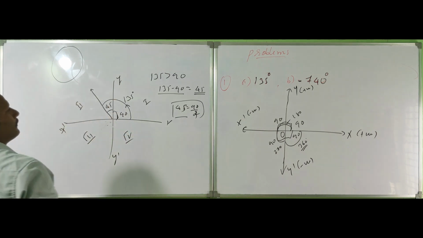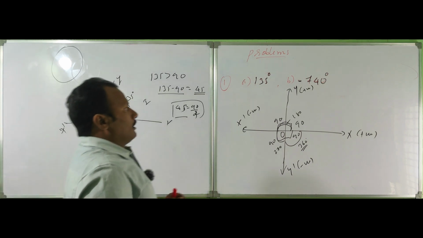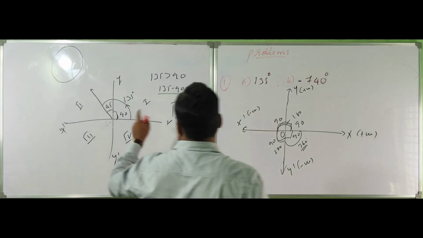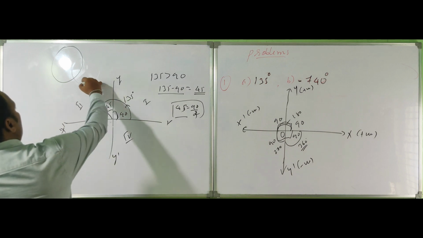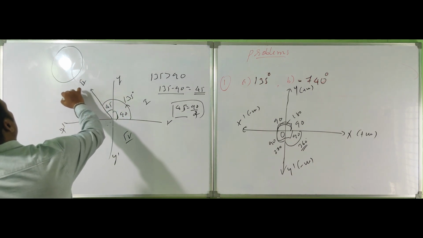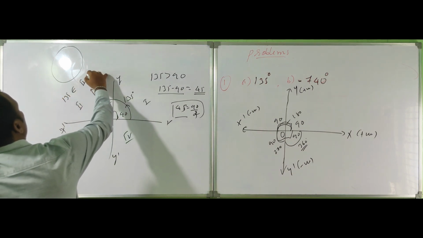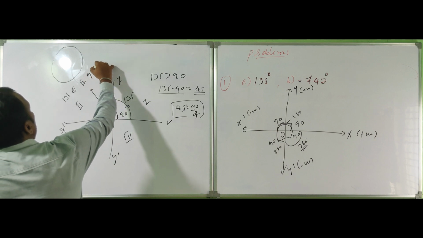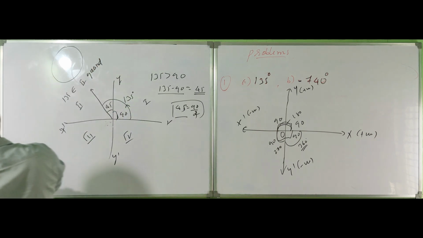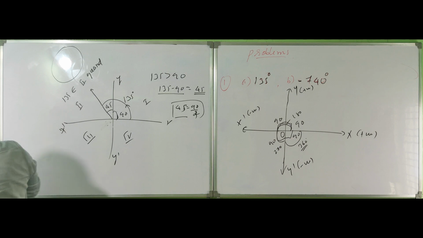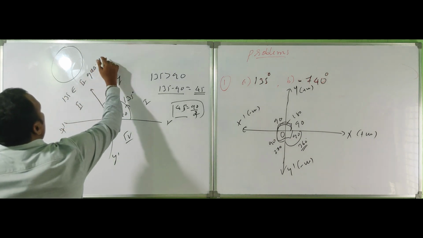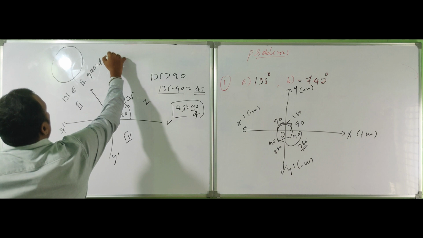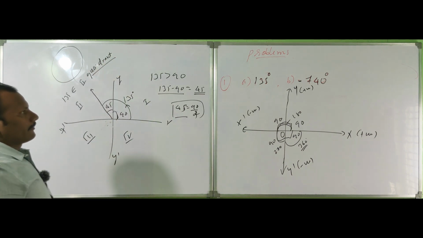So for the first question, the diagram is drawn, and 135 lies in the second quadrant.